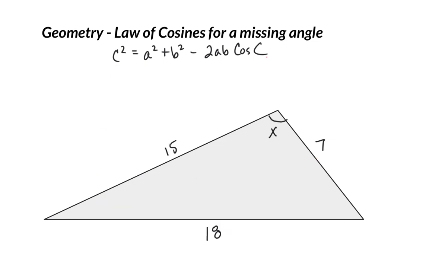All right. One thing I just want to point out before we solve this problem, you will see some teachers, some textbooks say, why not just do all of the algebra before we do anything and just bring the a squared over through subtraction, bring the b squared over through subtraction, divide by negative 2ab, and you'd have c squared minus a squared minus b squared divided by negative 2ab, and then you could just take the inverse cosine of your answer and you'd be done.